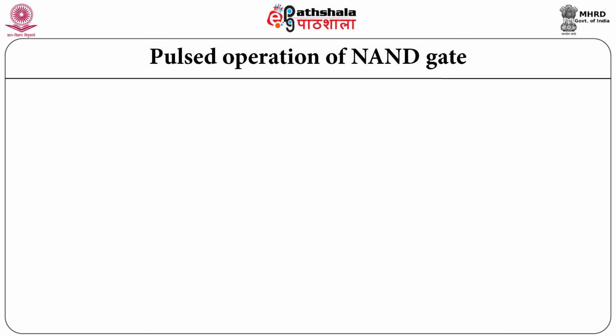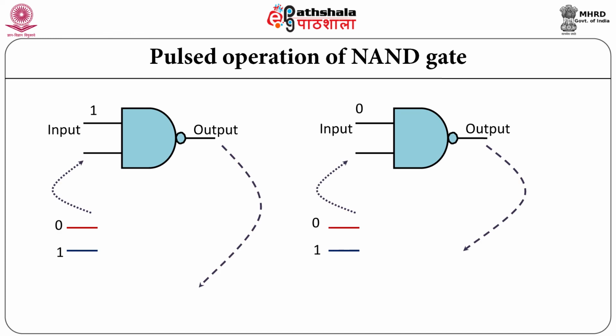Let us now talk about the pulse operation with the NAND gate. Just similar to the previous logic gates, let us apply logic 1 to the first NAND gate and logic 0 to the second NAND gate. The input that is applied to both the NAND gates is a square wave.